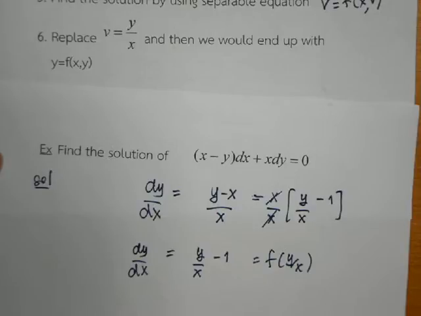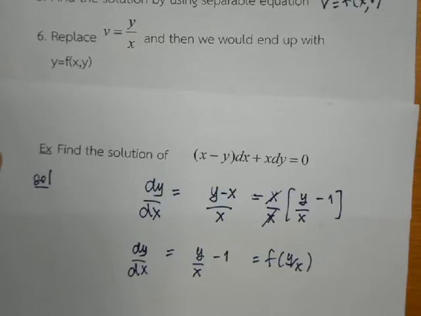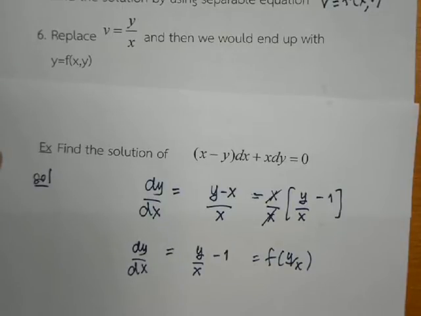So this equation, you can rewrite it in the term of y over x. So from this, you can say that this equation is a homogeneous equation. Then the way that we are finding the answer for this equation, we are going to use the homogeneous equation method.